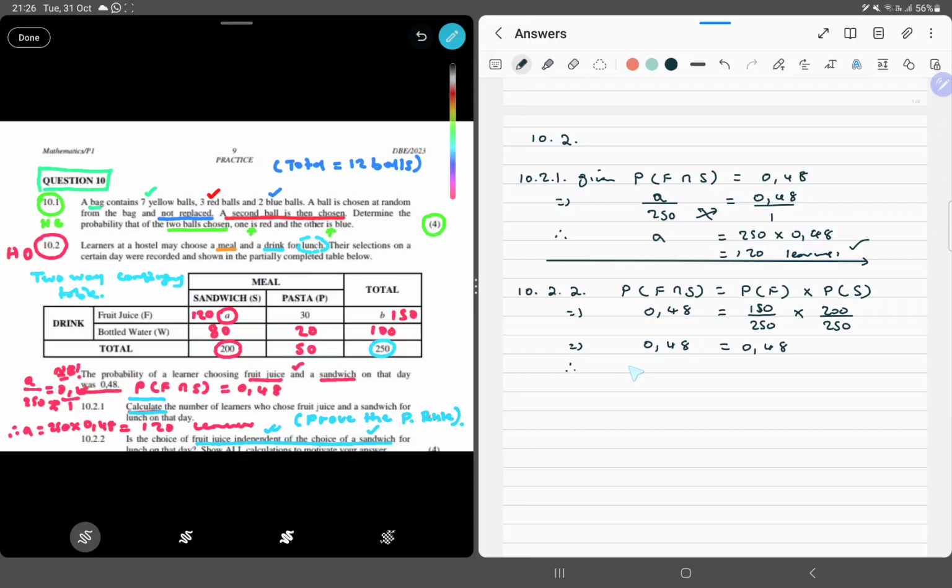We can say, therefore, this means the probability of F intersect S is equal to the probability of F multiplied by the probability of S. Therefore, we can safely say now the choice of fruit juice is independent of the choice of a sandwich.